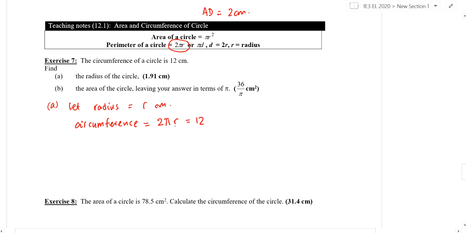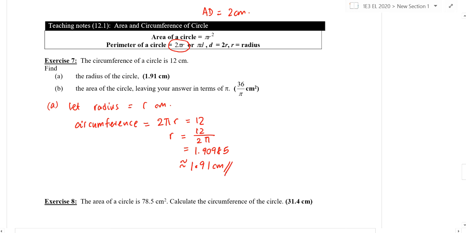We are trying to find the unknown value of r, so we are going to divide by 2 pi on both sides, 12 over 2 pi. So please use your calculator for this to find the value of r. So we arrive at 1.90985. Round this off to 3 significant figures, 1.91 centimeters.